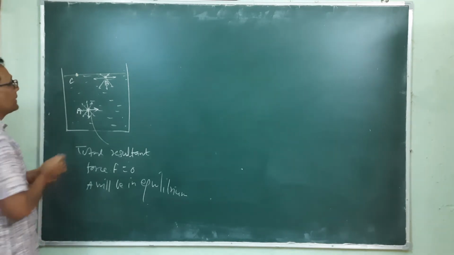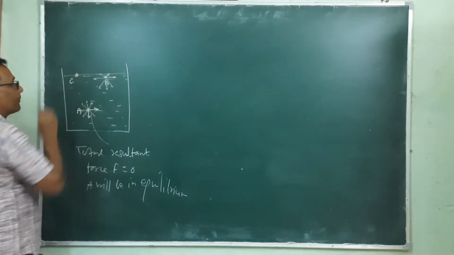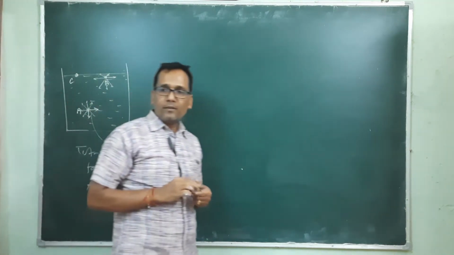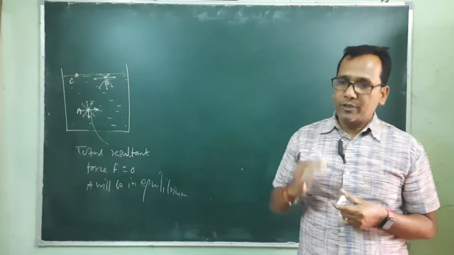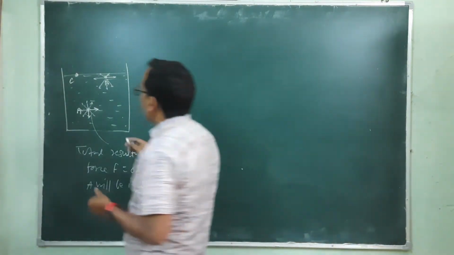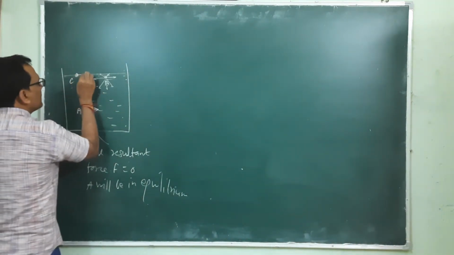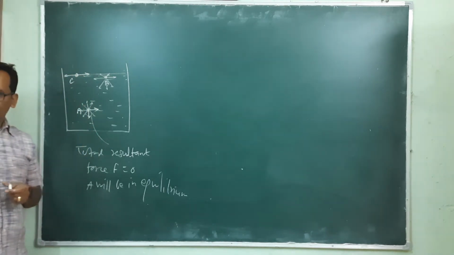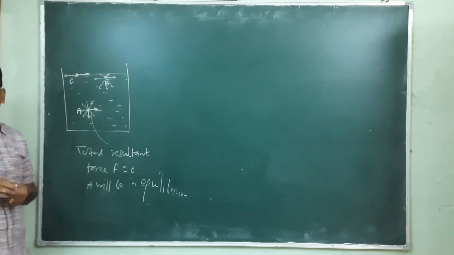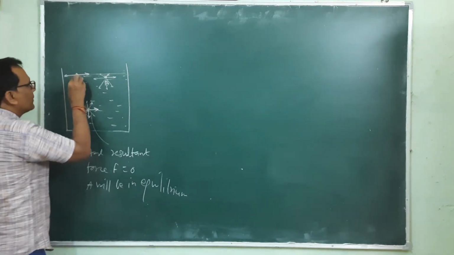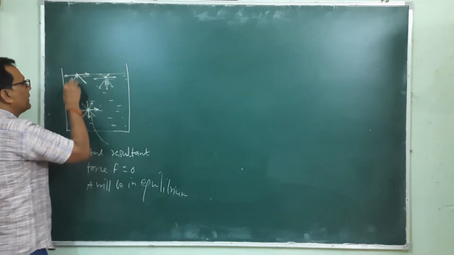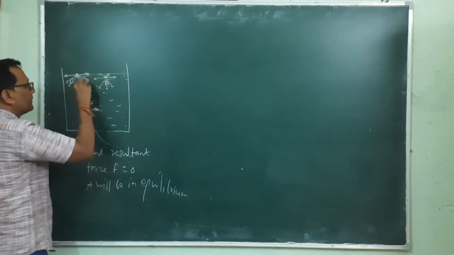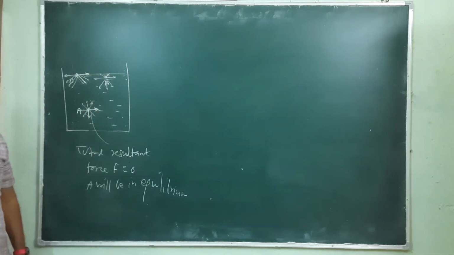But here at point C, there are no molecules in the upper part of this molecule. So this force is balanced by this along the surface. But the forces applied in all these directions are not balanced.